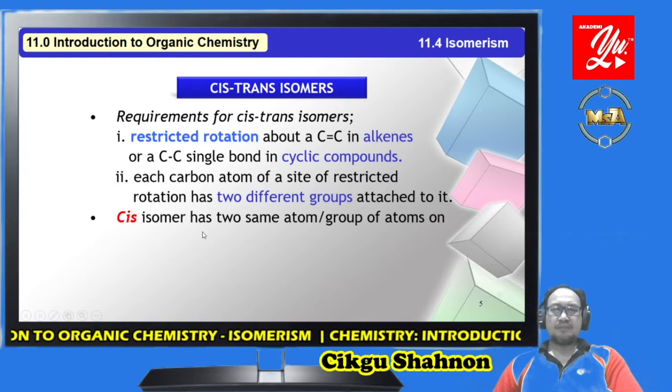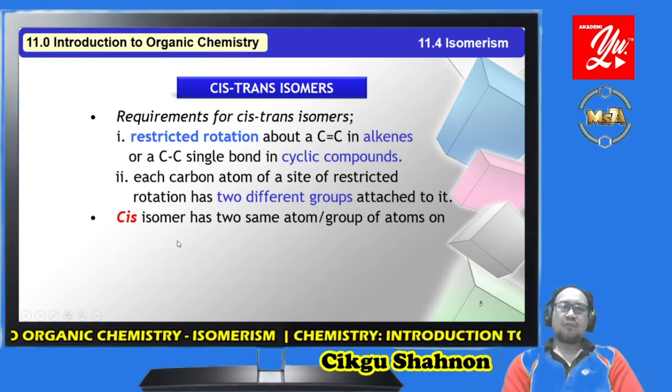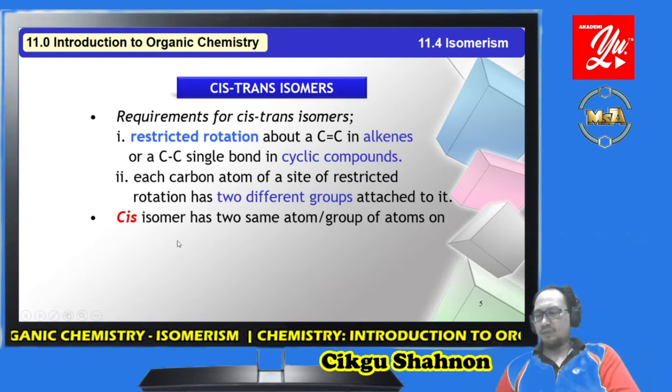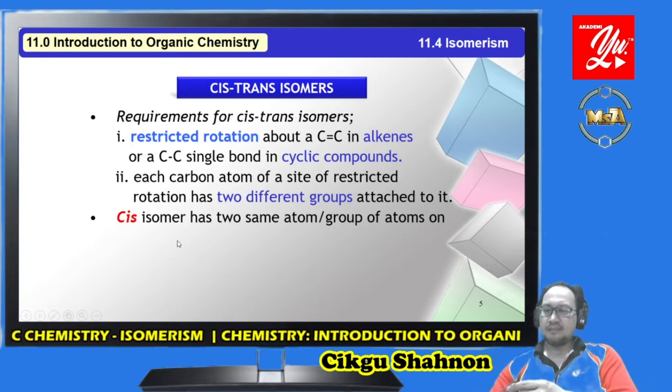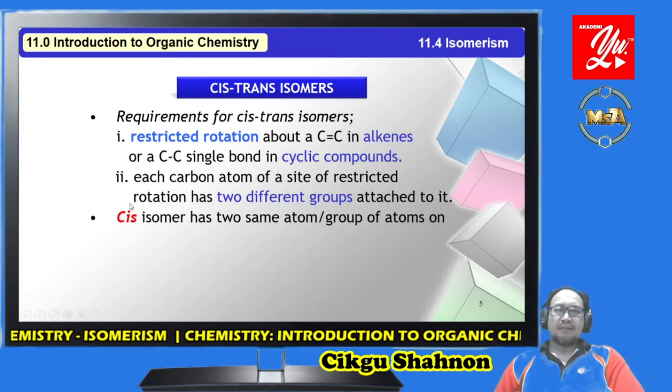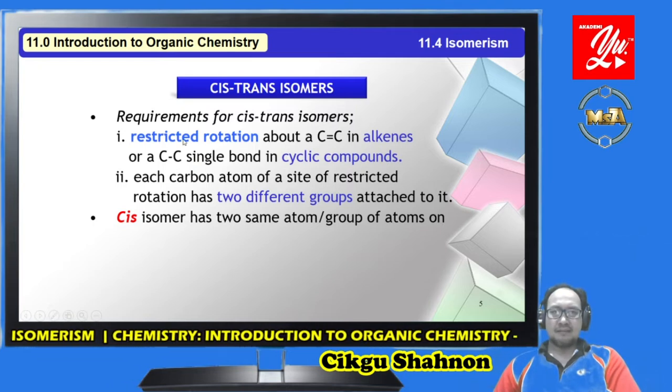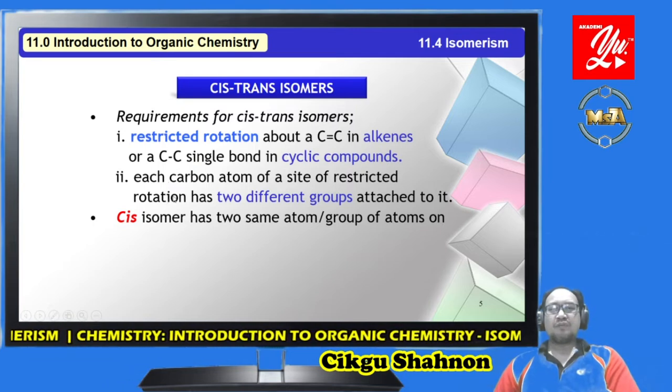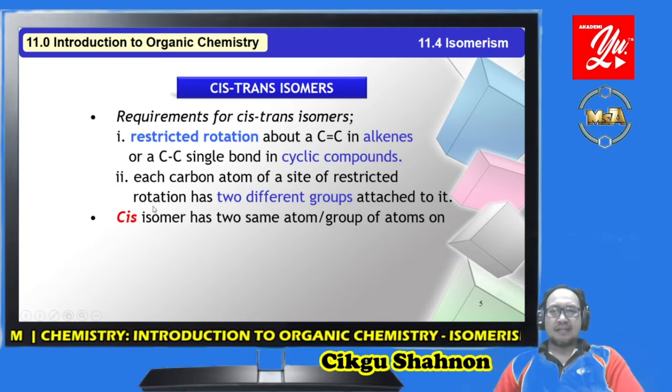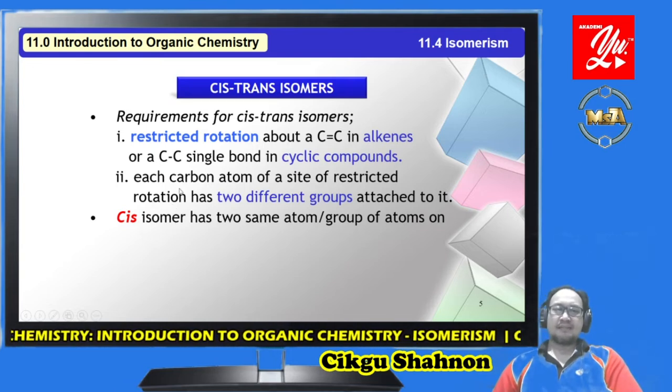And cis isomers. Okay, what is cis? We have cis-trans isomers now. We want to know which one is cis, which one is trans. Okay, when the molecule has these 2 requirements, and then we want to characterize it as cis or trans isomers.